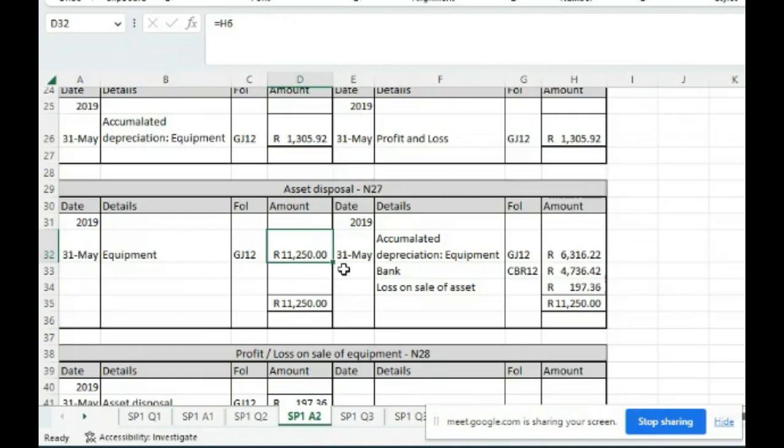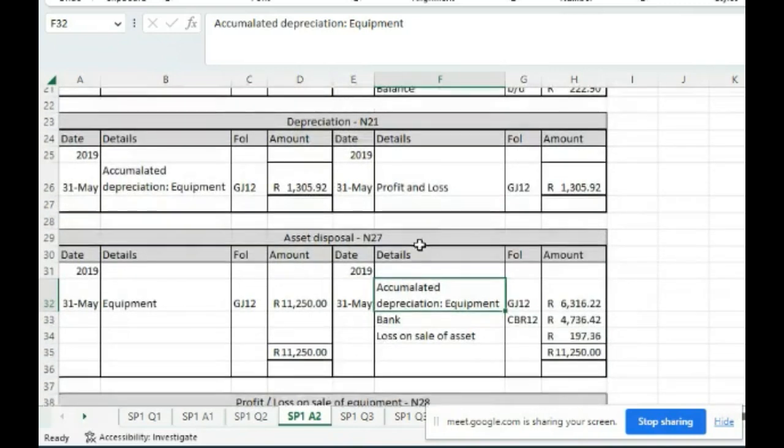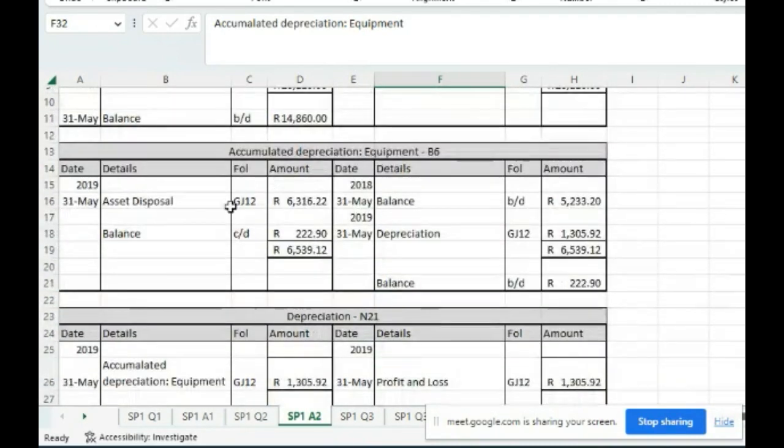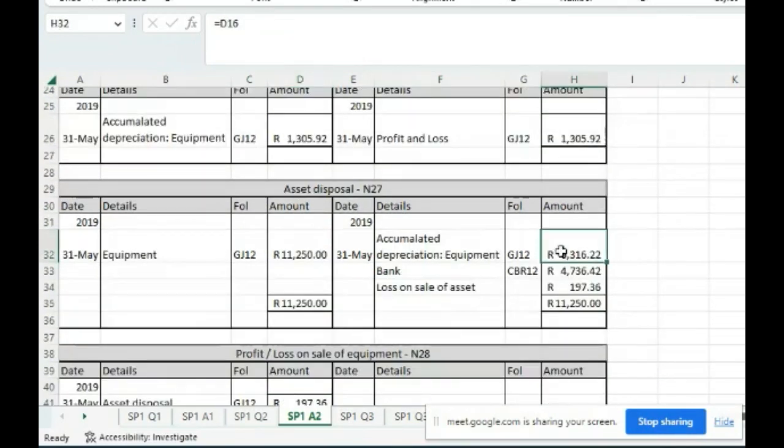Then we also have to look here at the accumulated depreciation, because when we did the accumulated depreciation, we also had asset disposal there. So that's just the contra account for that.